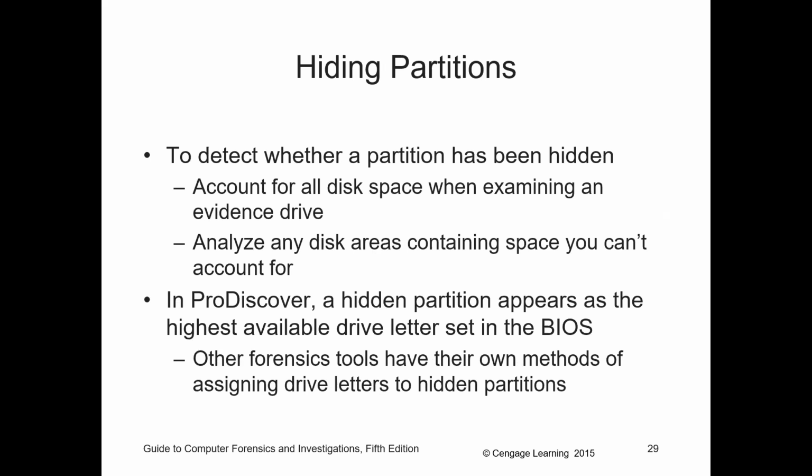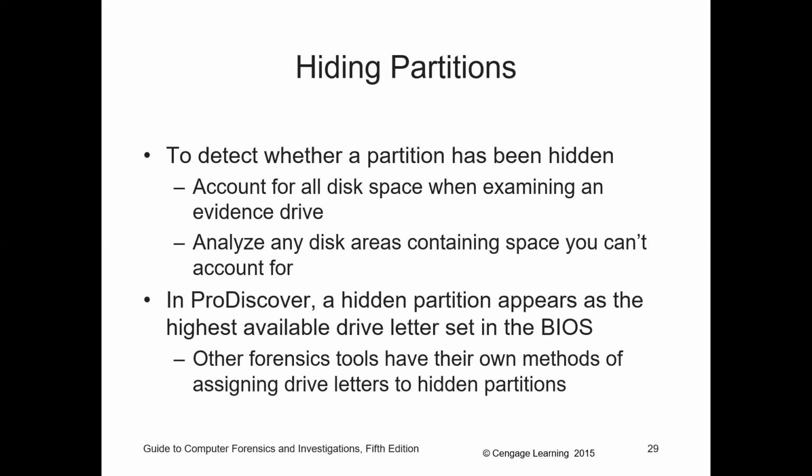To detect whether a partition has been hidden, we need to first of all account for all the disk space when examining an evidence drive. For example, if they tell you my hard disk is maybe 500 GB or 250 GB, that means when I right click and select properties, I should see the space. When I see the capacity that yes, it's 250, I'm fine, but if it is 120 GB, I do the mathematics and I know there is a hidden space, because your forensic tool is going to pick up on it.